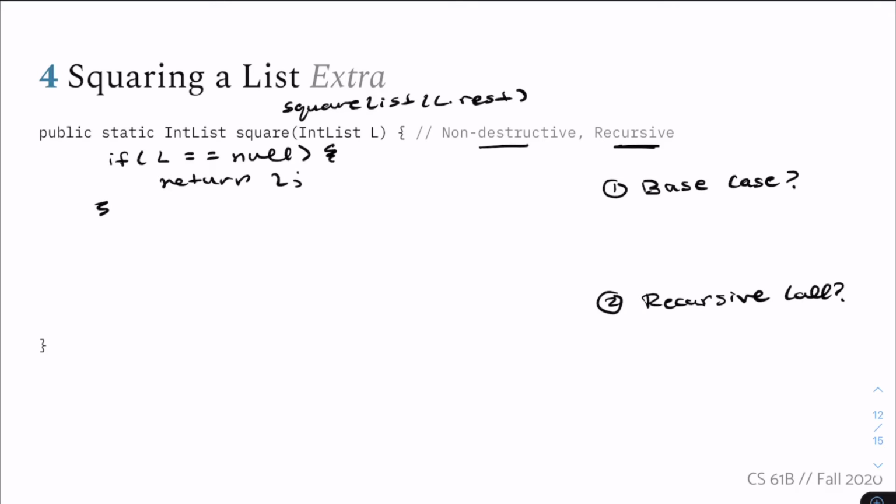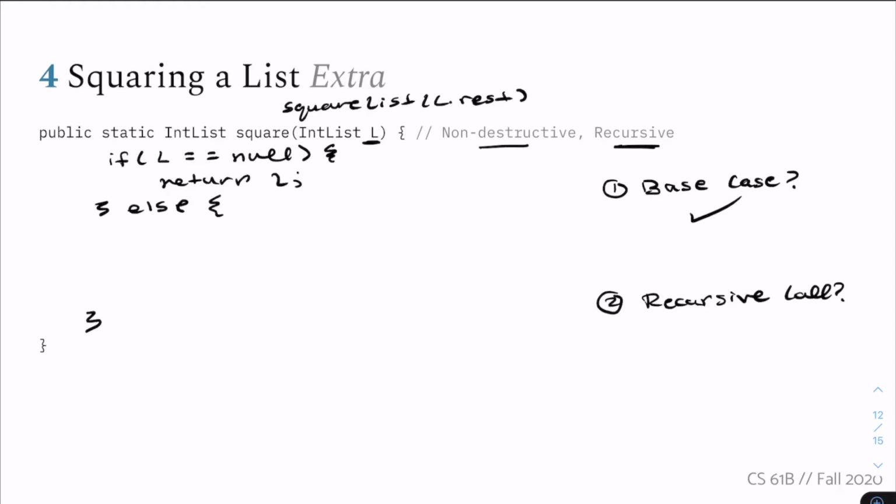So now we have our base case, that's check. Let's figure out what our actual recursive case is going to be. First of all, what are we doing to the current node of this int list? Well, of course, we don't want to actually edit anything in this int list.